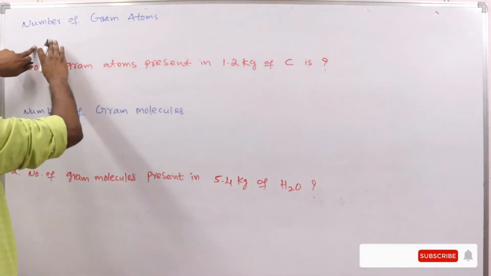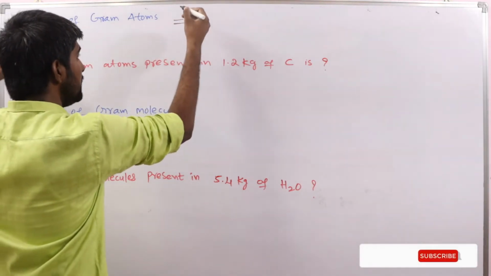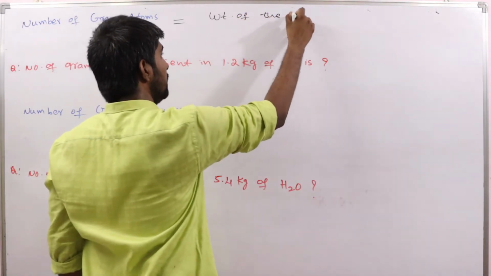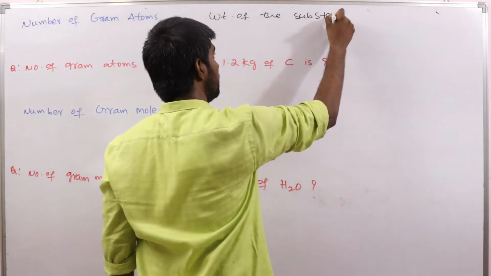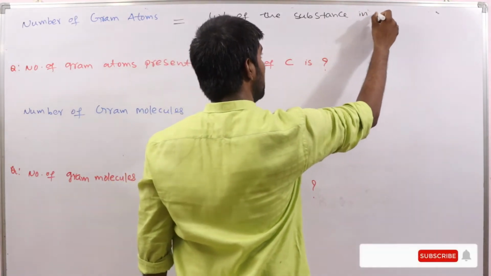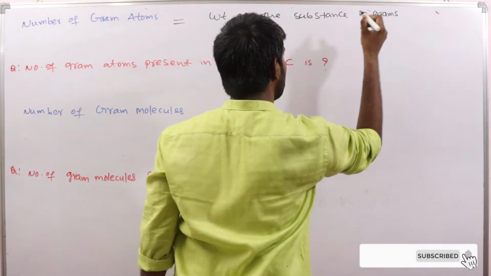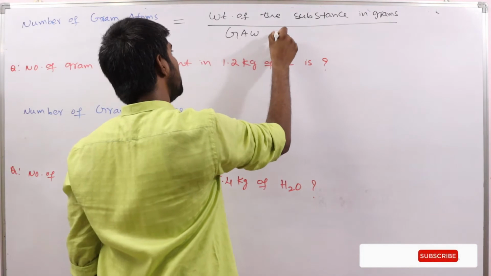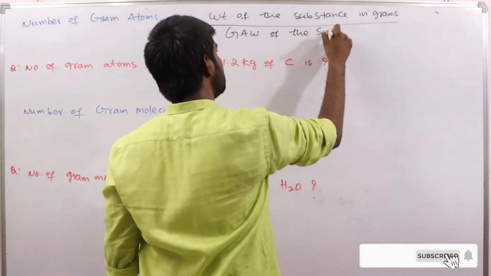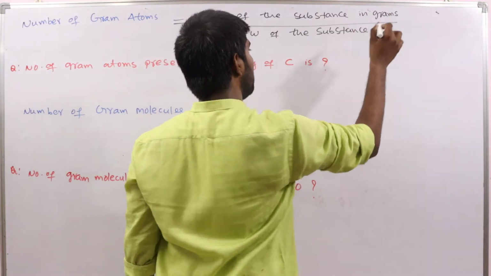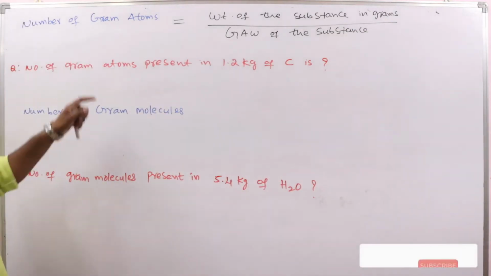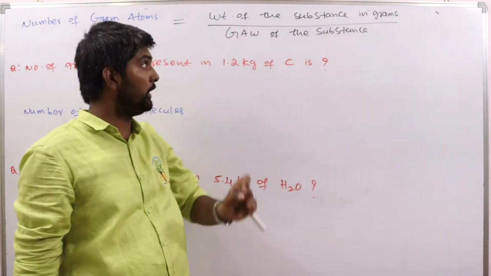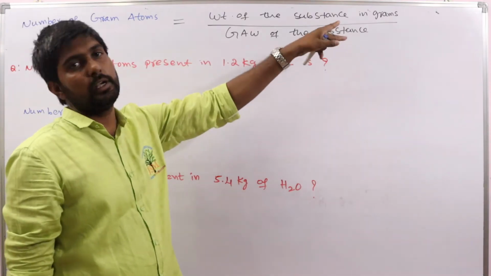So we have a simple formula: number of gram atoms is equal to weight of the substance in grams divided by gram atomic weight of the given substance, whatever it may be, hydrogen, carbon, oxygen. We must take the weight in grams only, remember that.